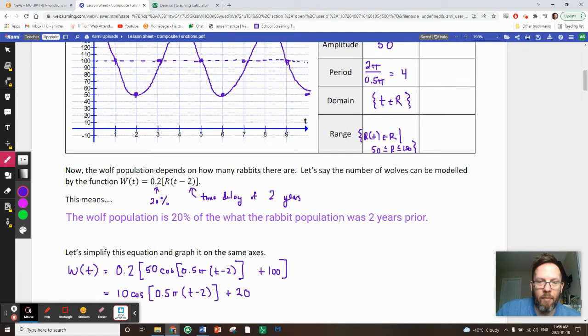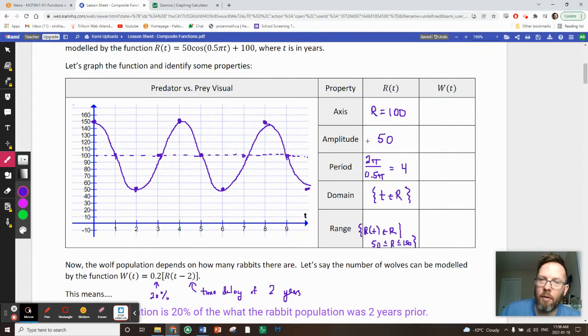Let's talk about why. The axis for that function, y equals 20. The wolf population is going to fluctuate above and below 20, which makes sense. That's 20% of what the rabbit population fluctuates above and below. And I might write those properties in pink and then draw my graph in pink.